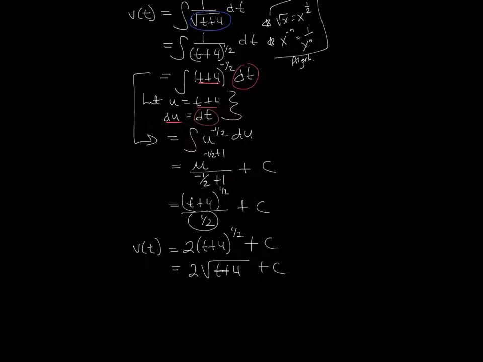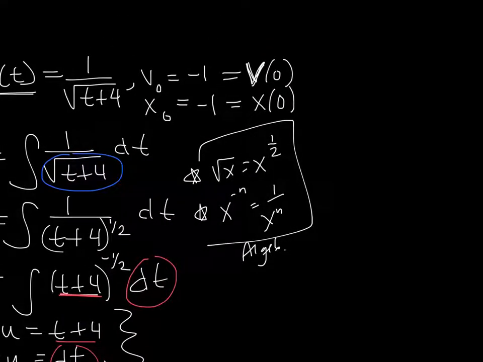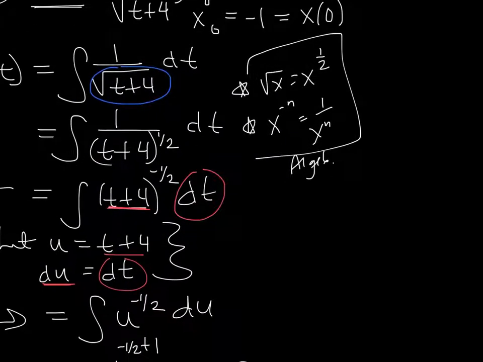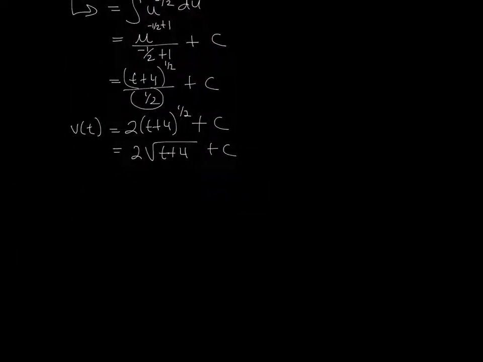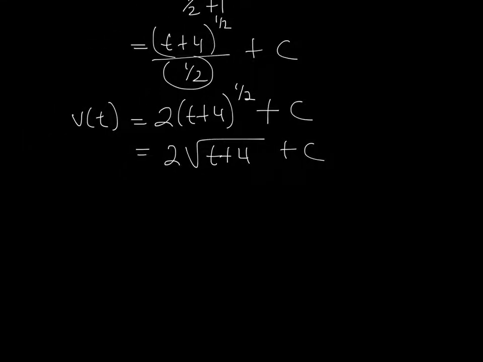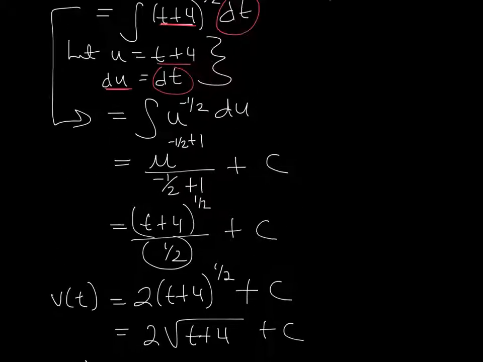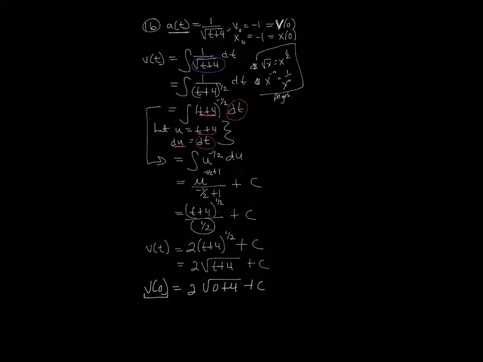So again, we go back to our initial condition, and v of 0 is -1, so this is what I'm going to use. So v of 0 is 2 times 0 plus 4. Well, v of 0 was -1, I think. I already forgot. Yeah, -1.